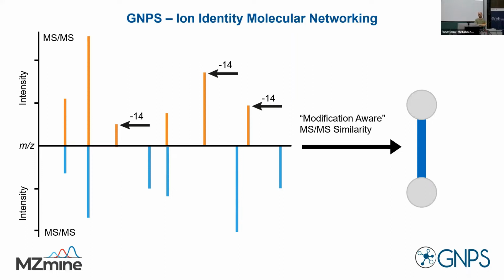So we can very easily conclude it might be just a CH2 of difference. We still have to figure out where the CH2 is located. It could also be something else, but the hope is that two different compounds are being connected in the network. And then, as I said, the graphs get quite complex, and then we can try to traverse the graph and make some sense out of what we already know and discover the unknown.